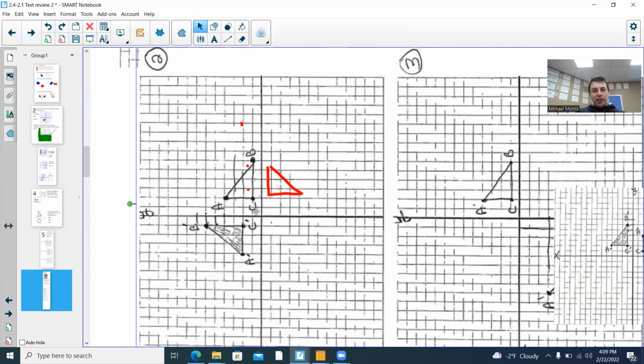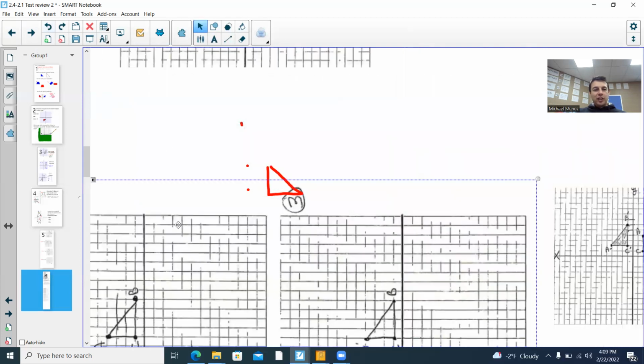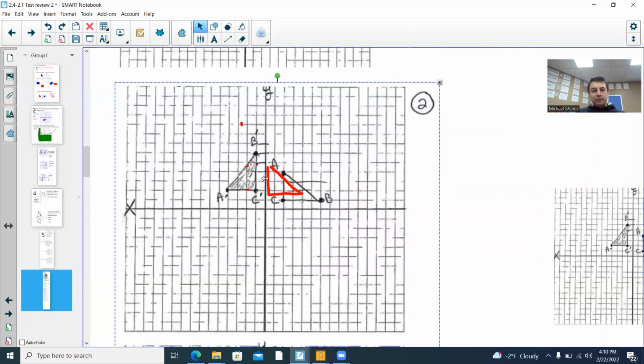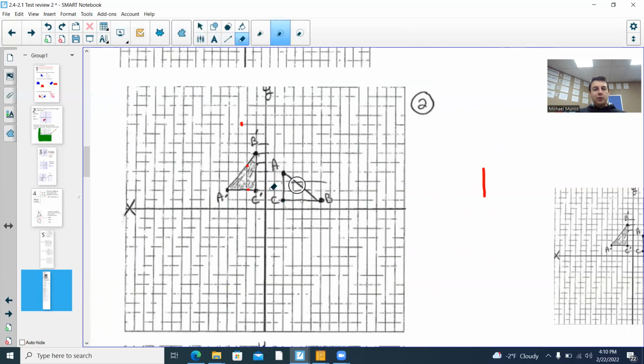You can turn it and then plot your points and then check if they line up with the other shape. And so this one would be an example of rotation.